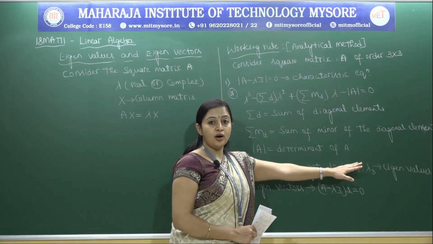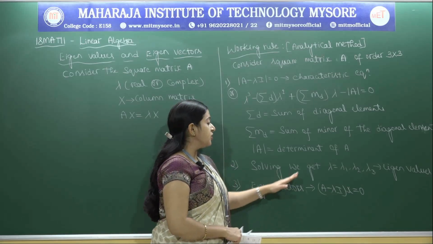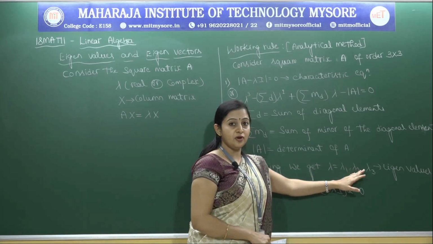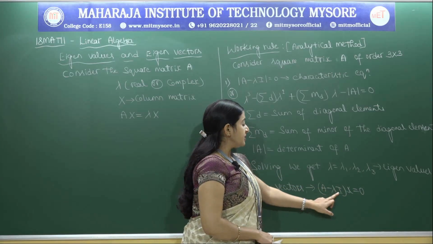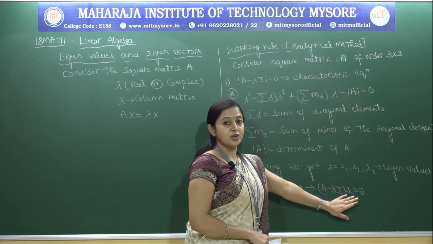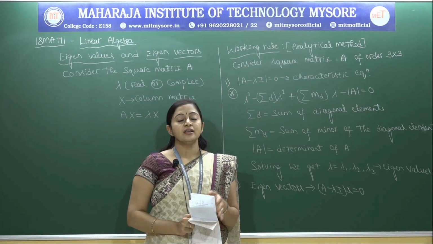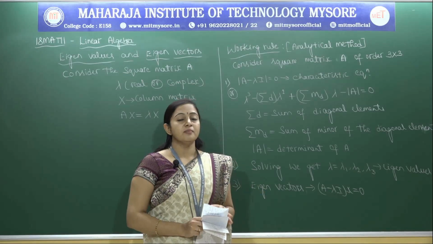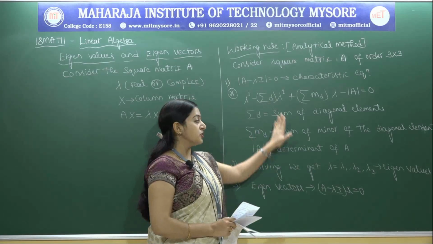Then you have to find the eigenvectors corresponding to these eigenvalues using this system of linear equations, A minus lambda I of x equals 0. By applying the cross multiplication, you can find the eigenvectors corresponding to the square matrix A. So these are the procedure.